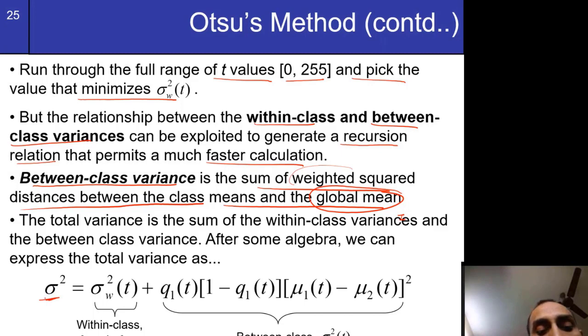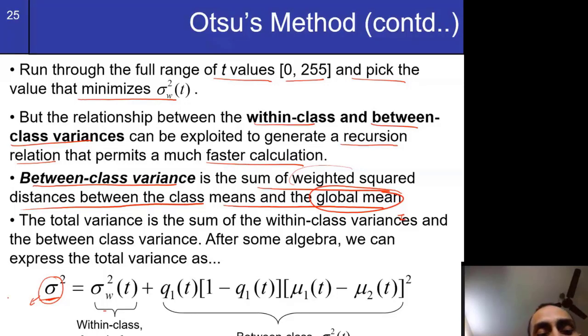And now the total variance of the image, taking the image and finding its variance, is going to be the sum of the within class variance and the between class variance. So the variance within each class and the variance between the classes, if you add up all those variations, will give you the total variance in the image.